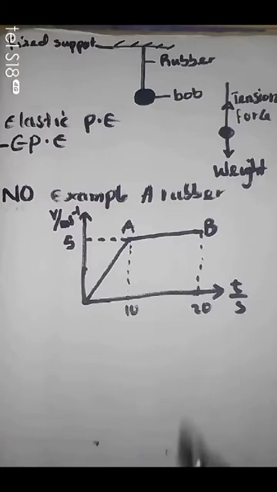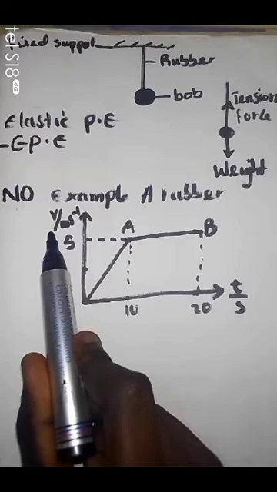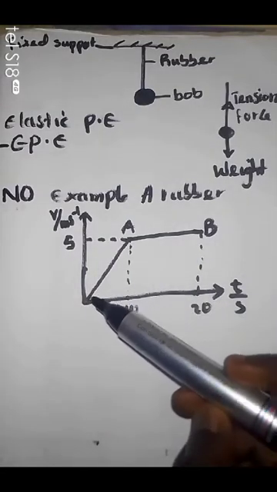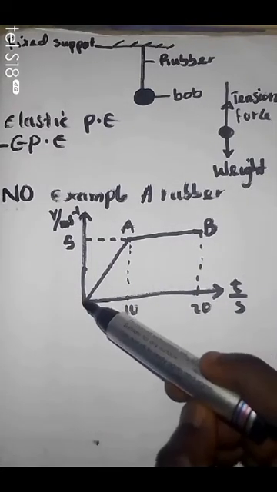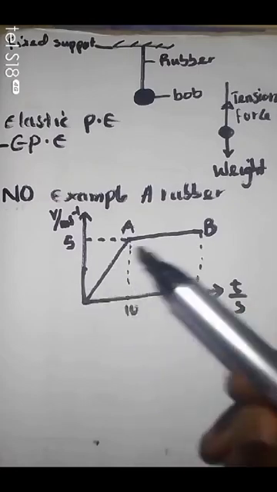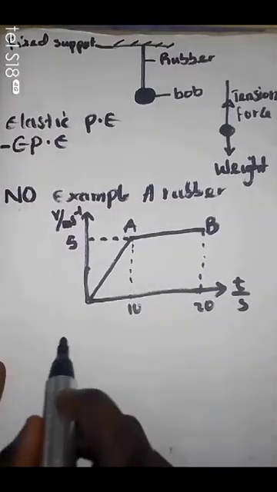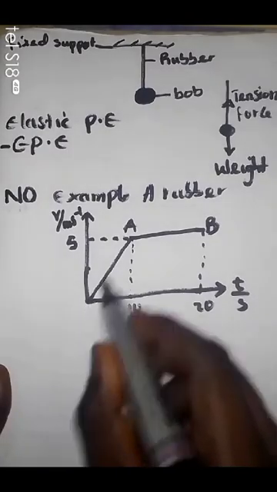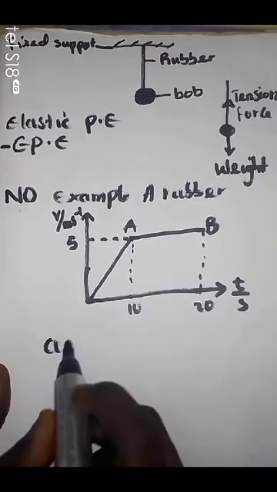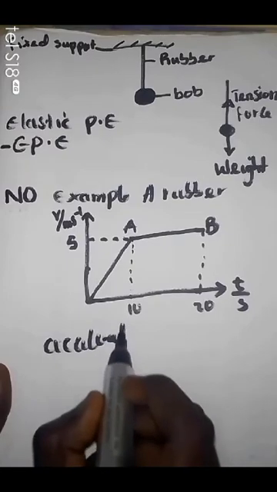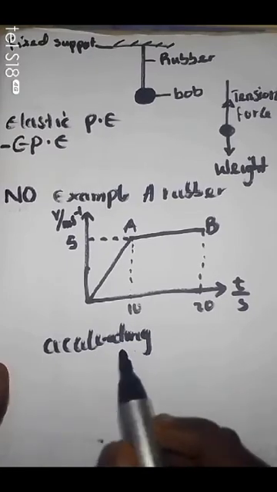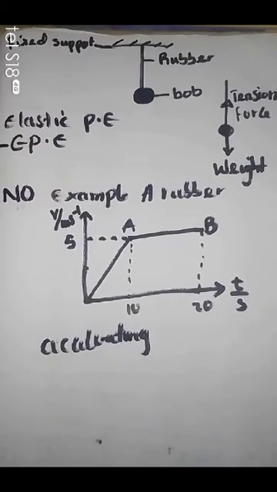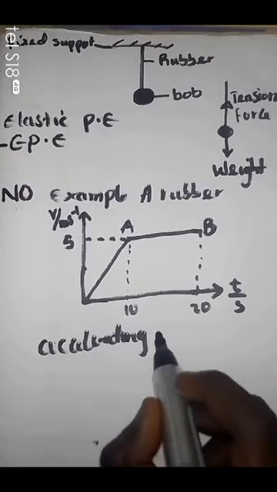Now this is a velocity-time graph. So the motion of the car from O to A, we can see that the car is accelerating at a constant rate. The car is accelerating uniformly from rest.